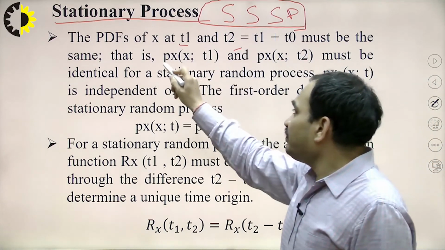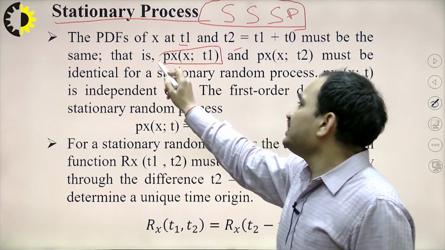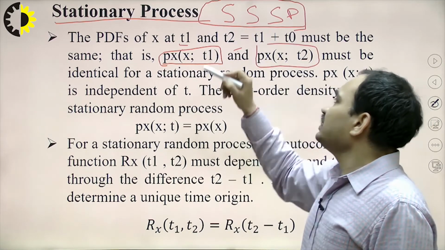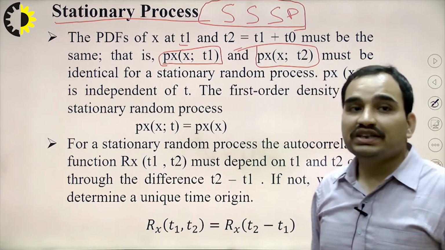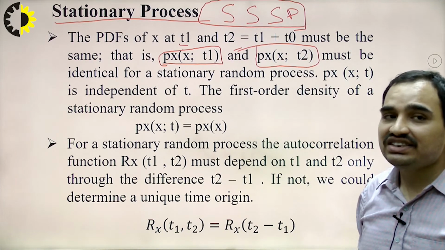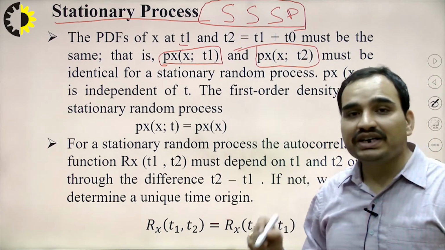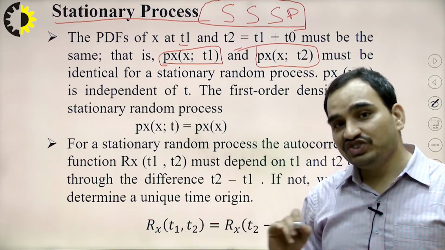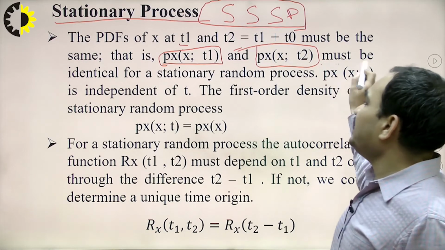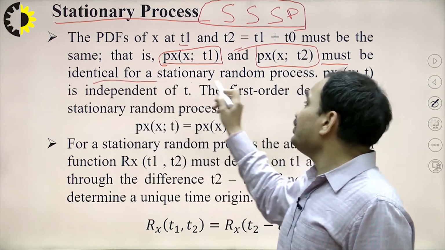So whatever value we get at t1, the same PDF value we will get at the time instant t2. This means the probability density function at two time instants is not changing, and it must be identical for the stationary random process.